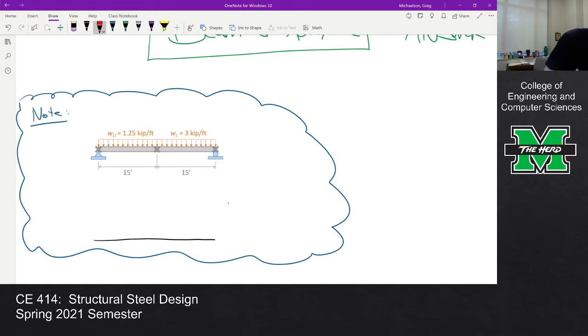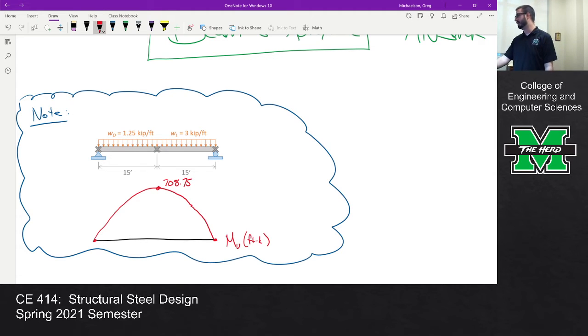Here's the bending moment diagram, we'll call it the MU diagram in foot kips. It goes up like that, and the peak moment is 708.75 foot kips. That's what WL squared over 8 is telling us, the peak bending moment at the top of the moment diagram at midspan.